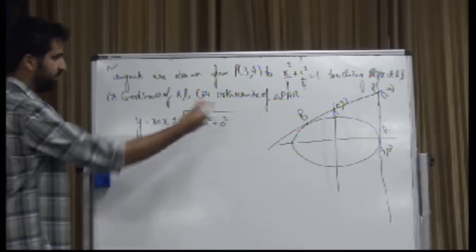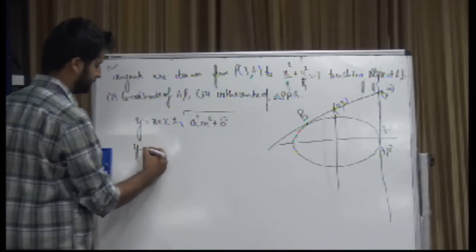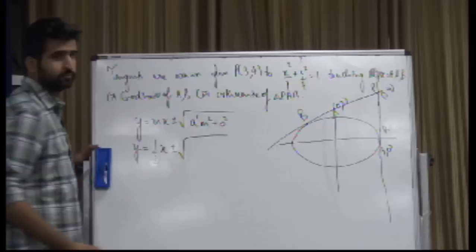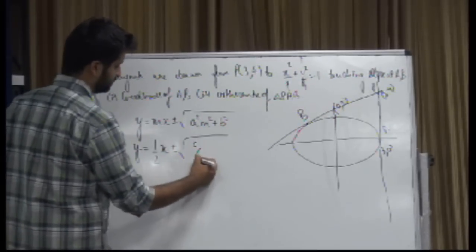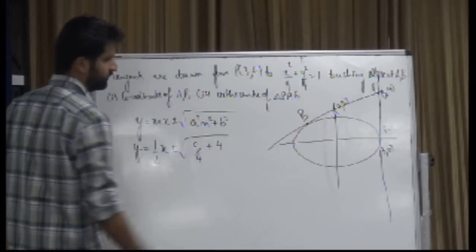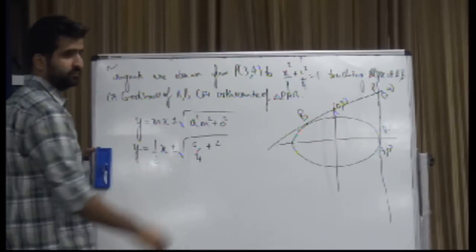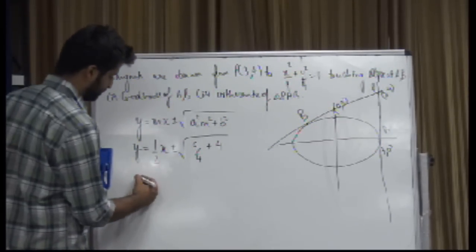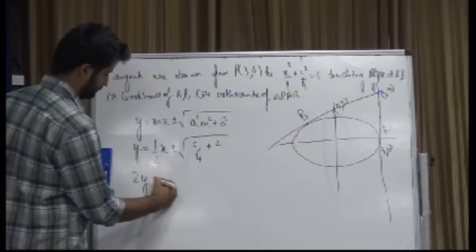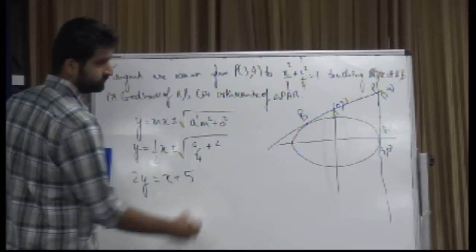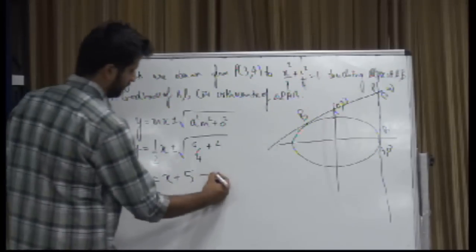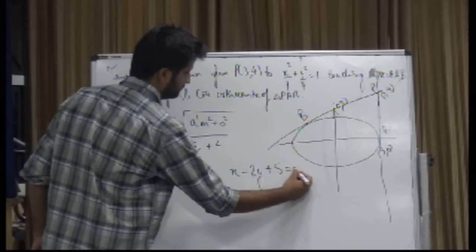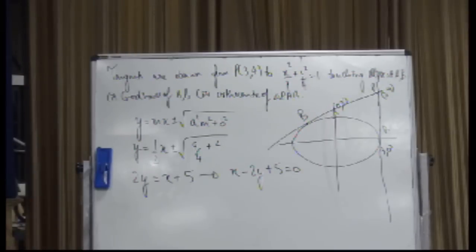So if you put m is equal to half, you will get plus minus root. What is this? This will be 5 by 2, right? So you can write this as x minus 2y plus 5 is equal to 0.